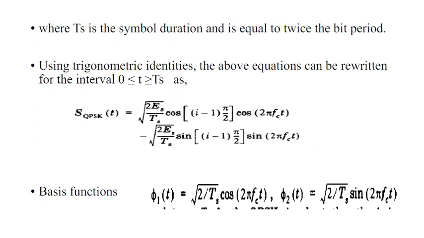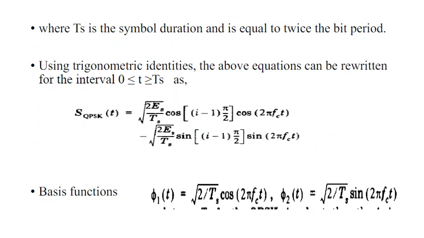Using trigonometric identities, the above equation can be rewritten for the interval 0 less than or equal to t less than or equal to Ts, as the QPSK equation given.